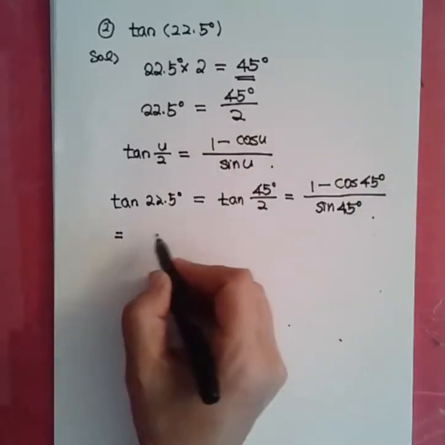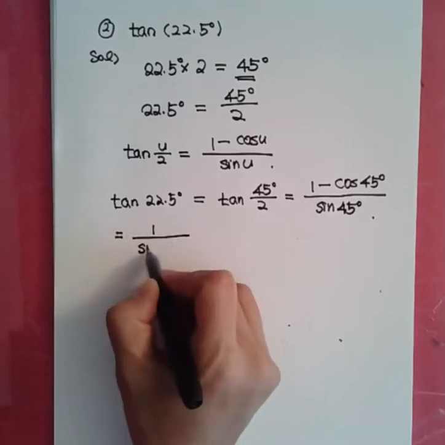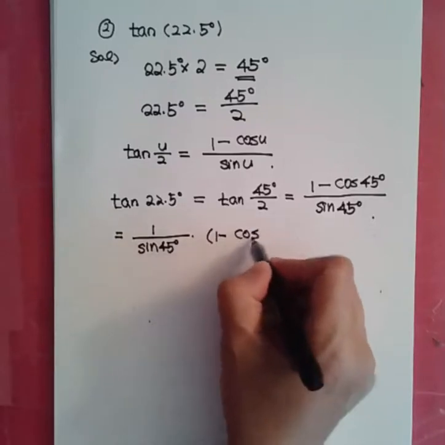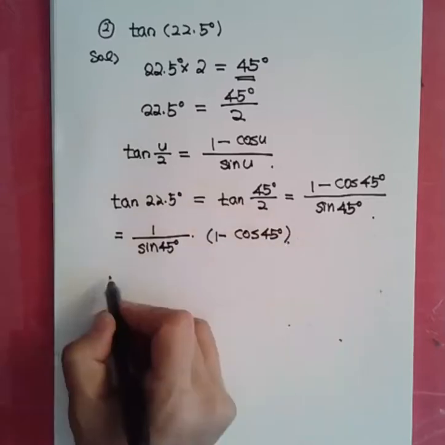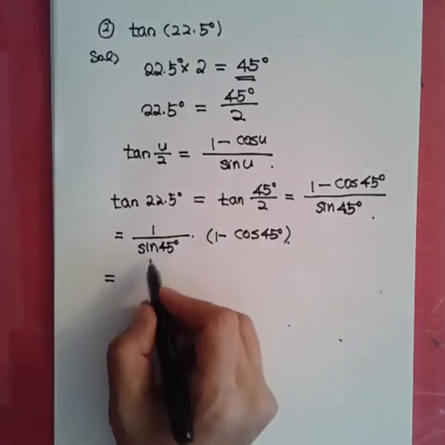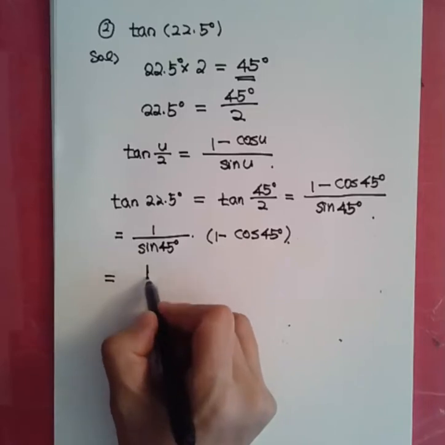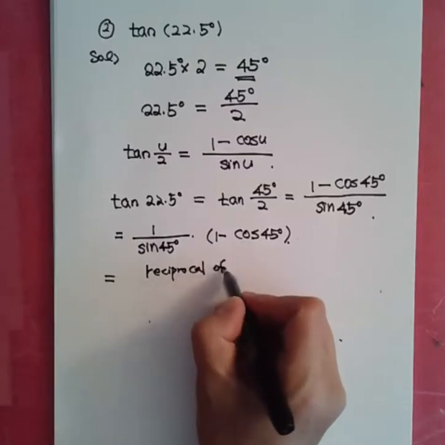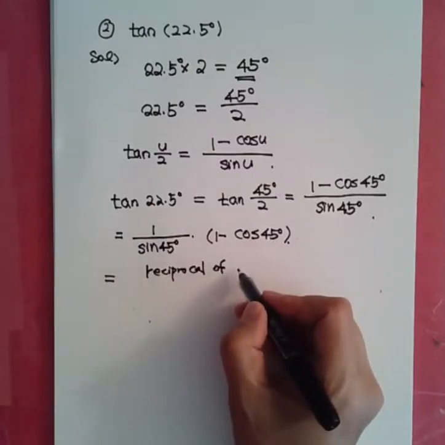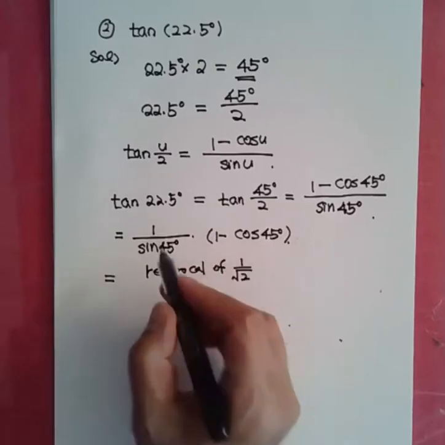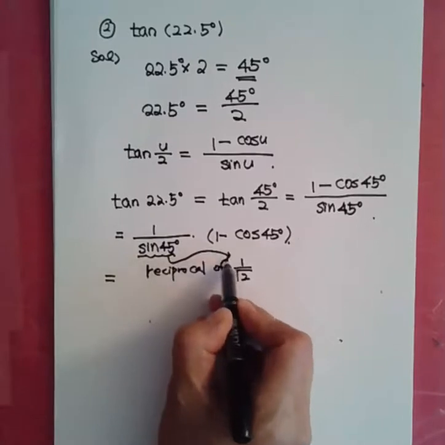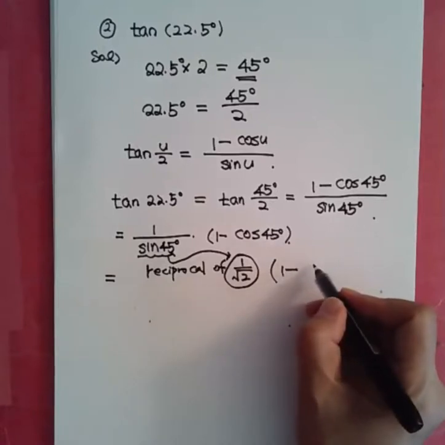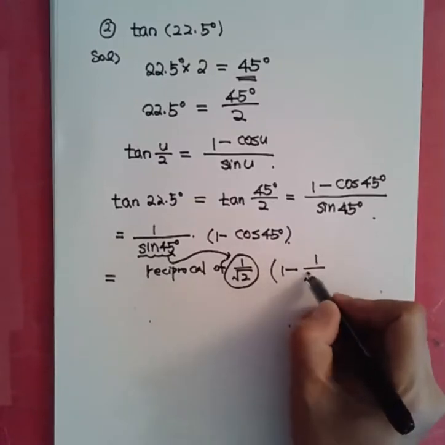So we want to re-express that as 1 over sine of 45 degrees times (1 minus cosine of 45 degrees). Then we write the reciprocal of sine of 45 degrees, which is 1 over square root of 2, times (1 minus 1 over square root of 2).